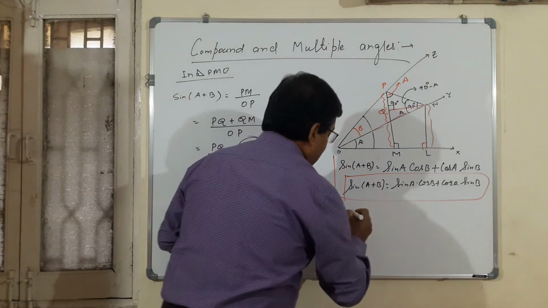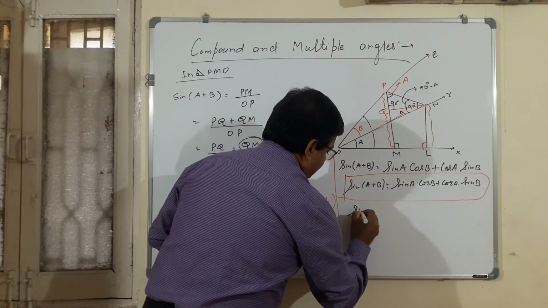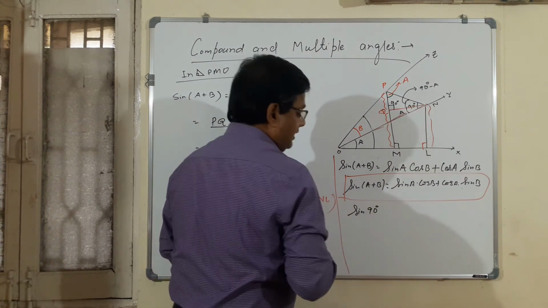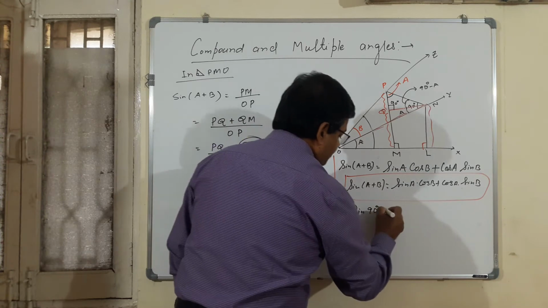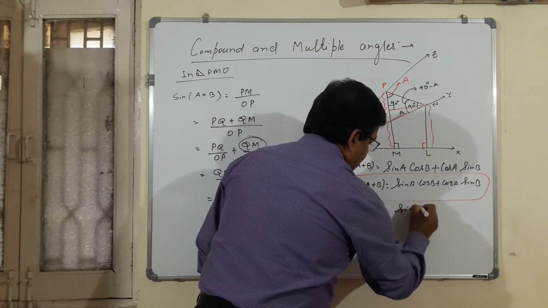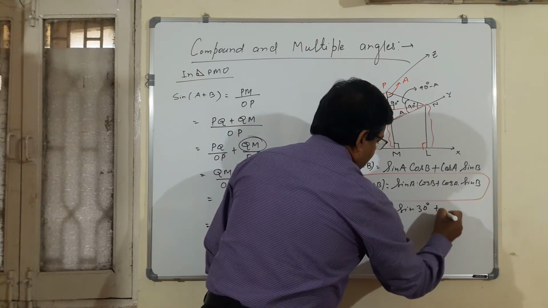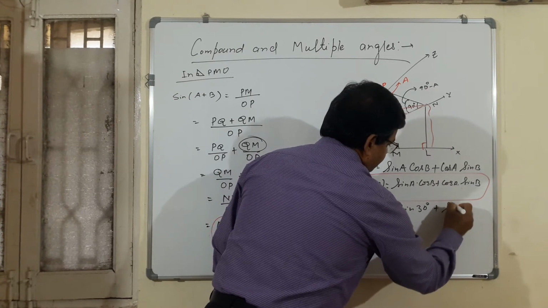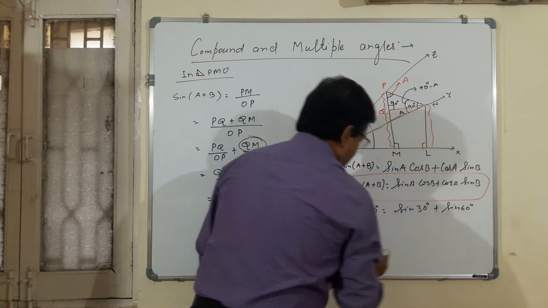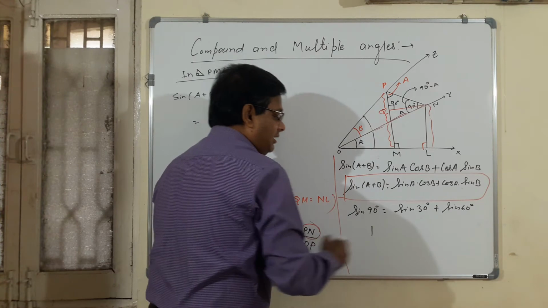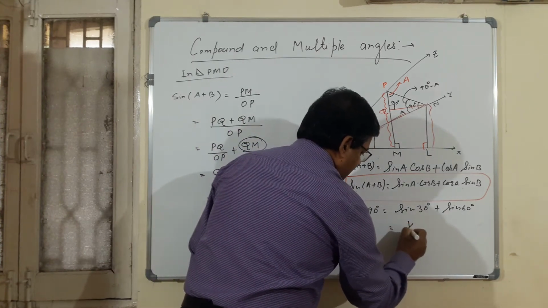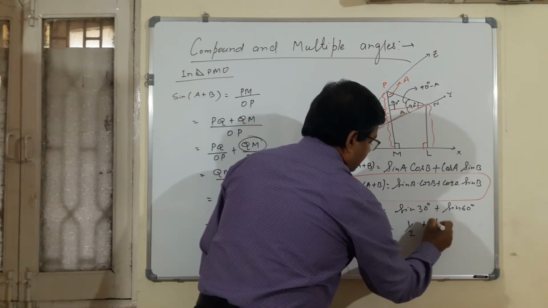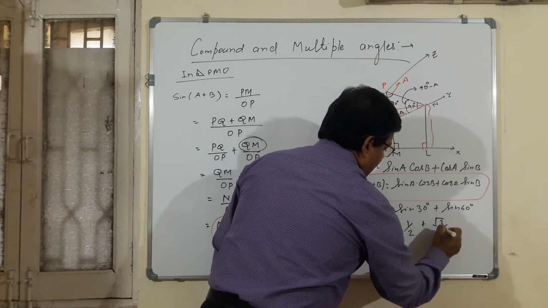You can't write like this: sin 90 degree equals sin 30 degree plus sin 60 degree. Here sin 90 degree is 1, sin 30 degree is 1 by 2 and sin 60 degree is root 3 by 2.